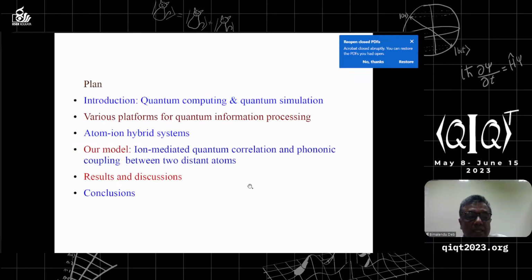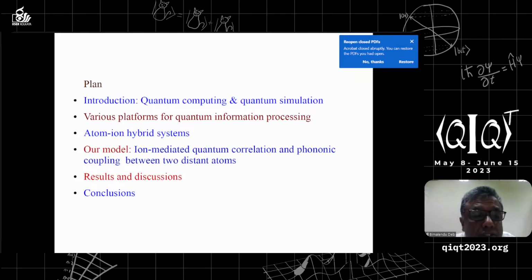Okay, so the plan is the following. First, I discuss as introduction a little bit about quantum computing and quantum simulation and various platforms for quantum information processing.